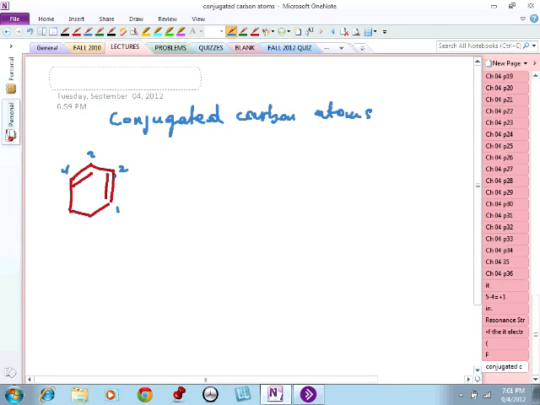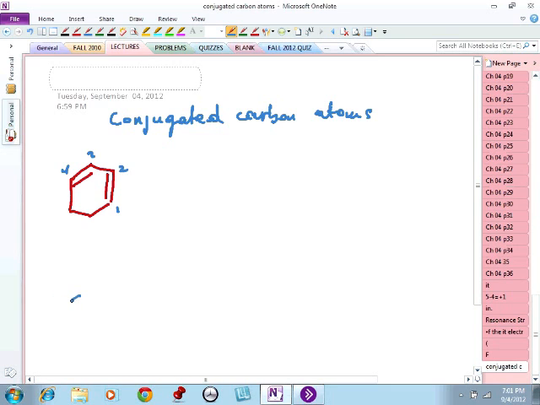So you can see that the whole idea of resonance is a very important concept in organic chemistry, and we are going to revisit it as we go along during this semester.